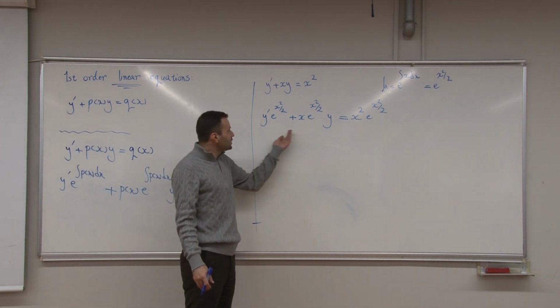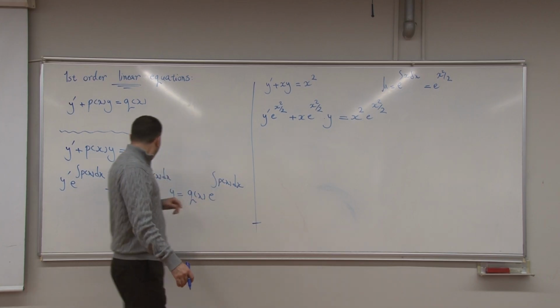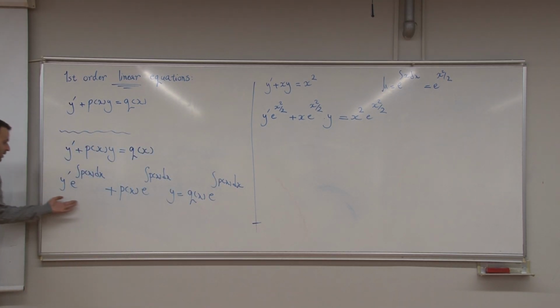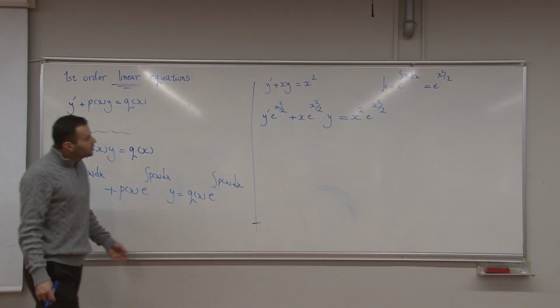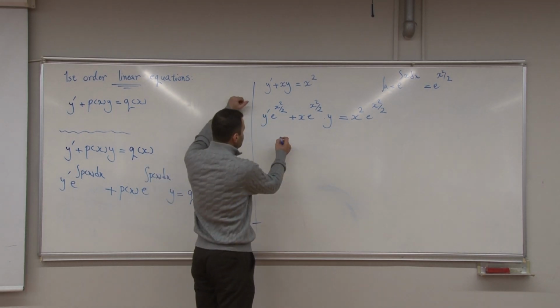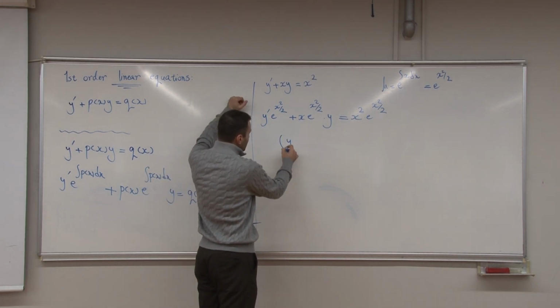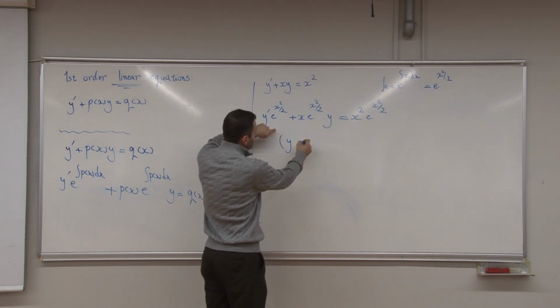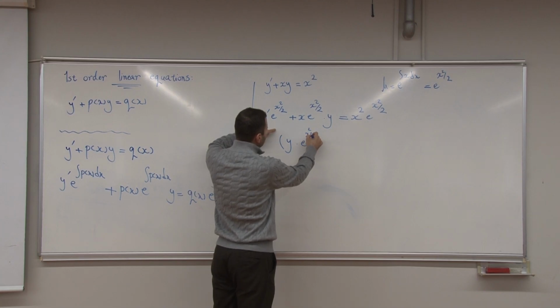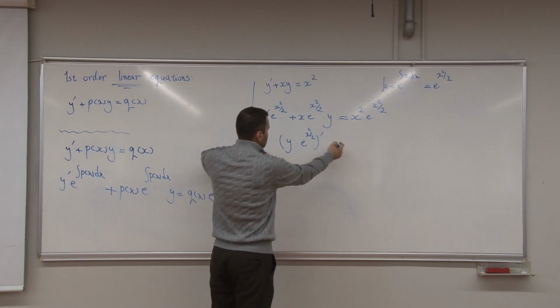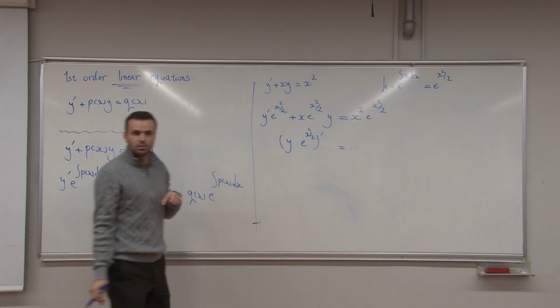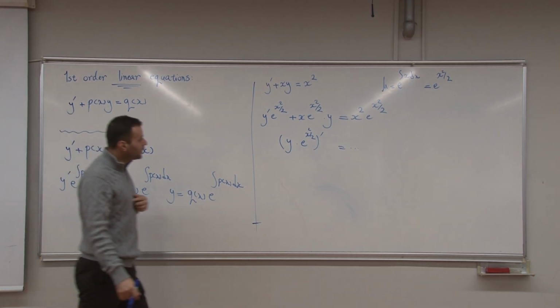But look at the left hand side. What do you see? Do you see something like the derivative of y times e to the power of x squared divided by 2? Is it like that? Why not?